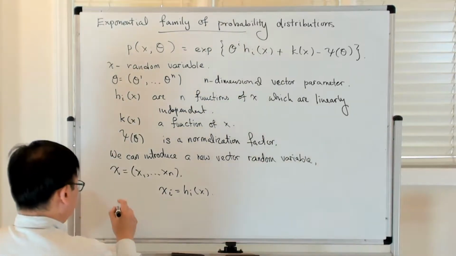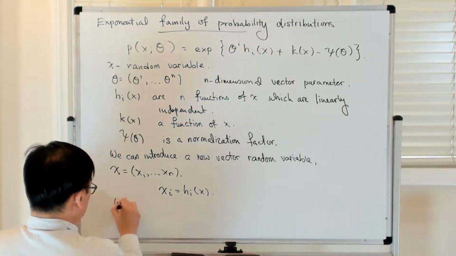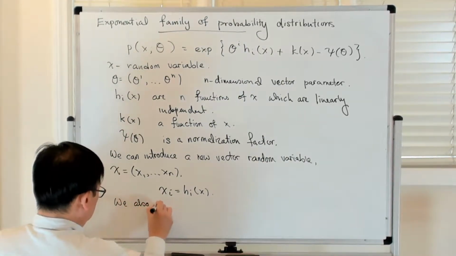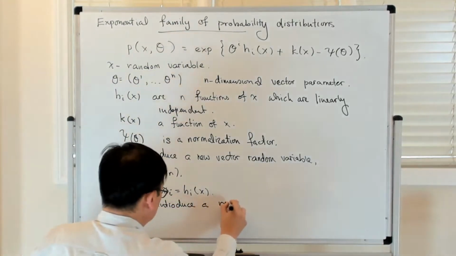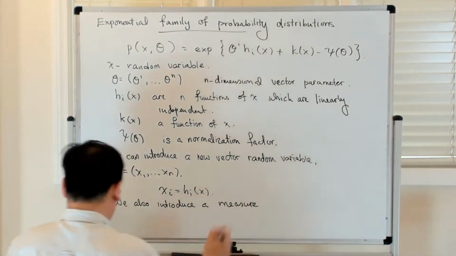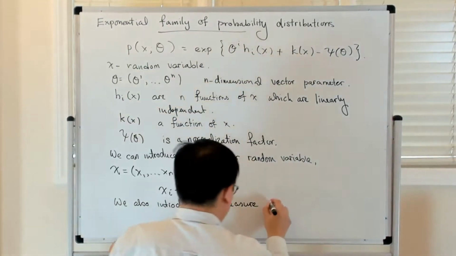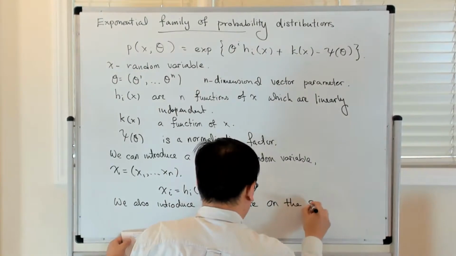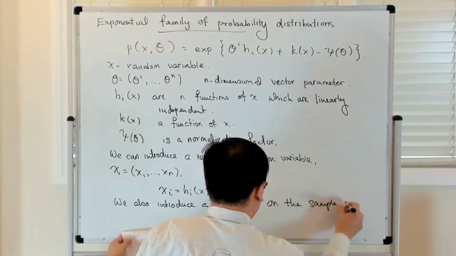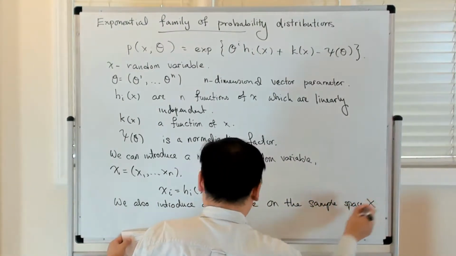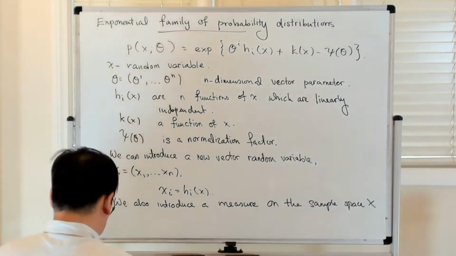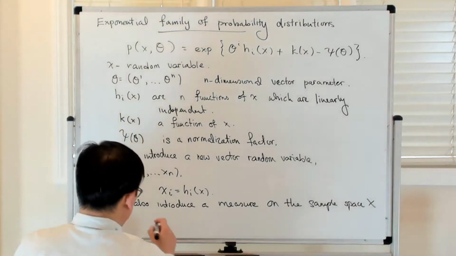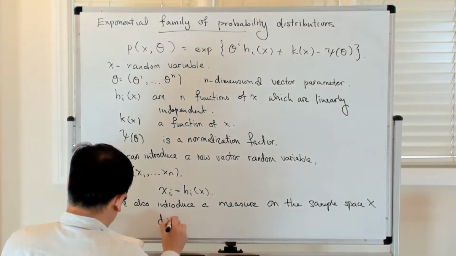So in addition, we also introduce a measure on the sample space X. Let's refer to this measure as d mu of x.